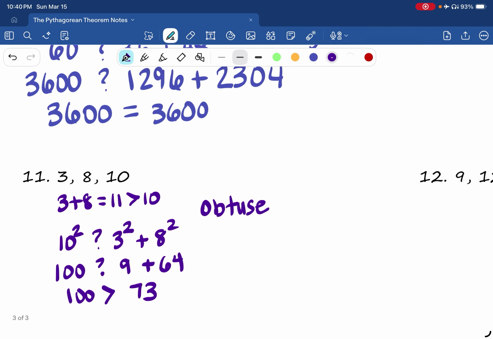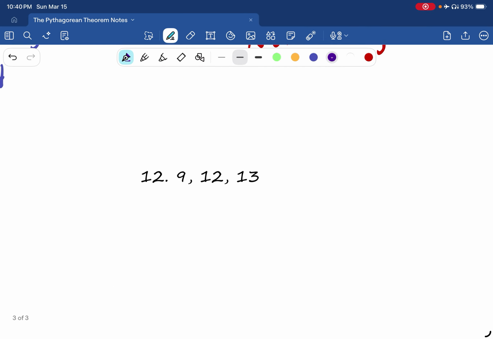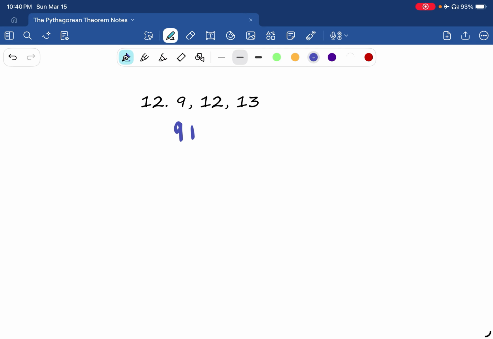Okay, let's look at number 12. All right, so first of all, let's check to make sure that this does make a triangle. So we have 9 plus 12, which equals 21. And 21 is bigger than 13.